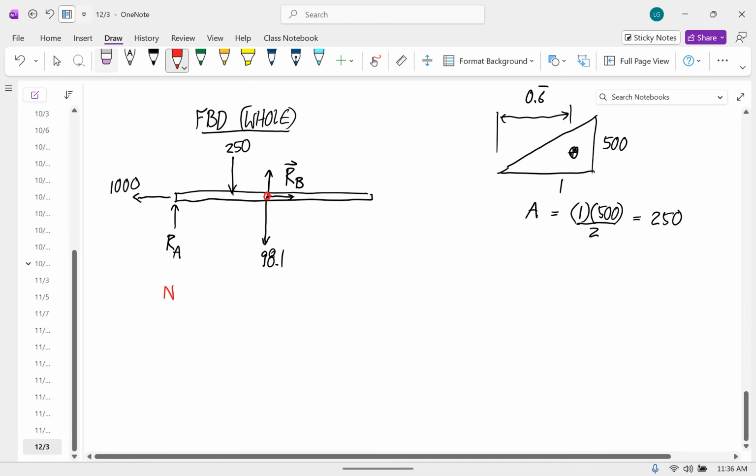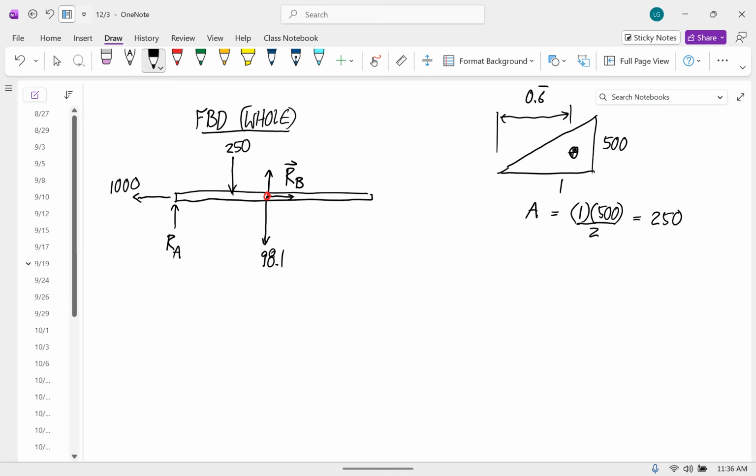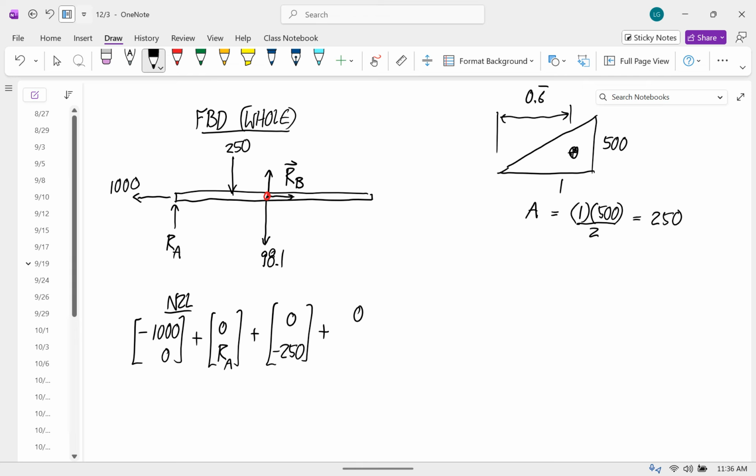So Newton's second law. Negative 1,000, 0, plus 0 RA, plus 0, negative 250, plus 0, negative 98.1, plus RBX, RBY is equal to zeros.